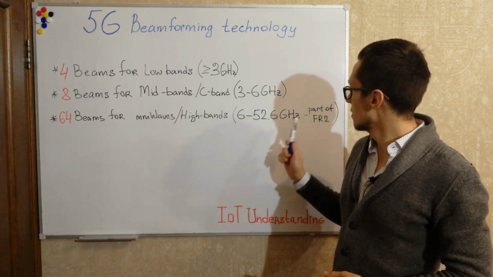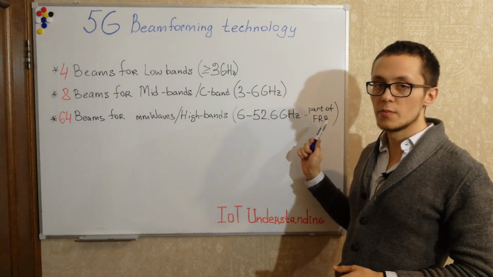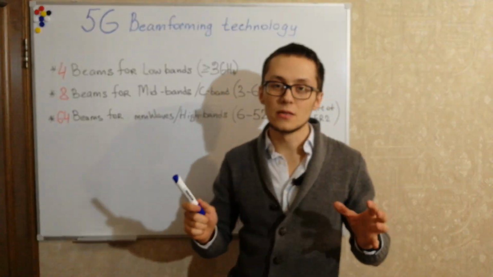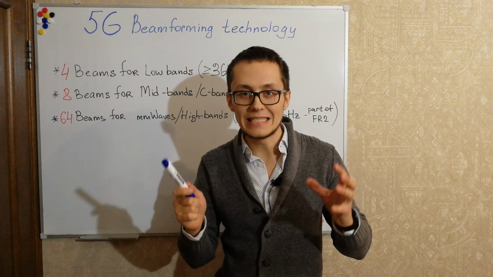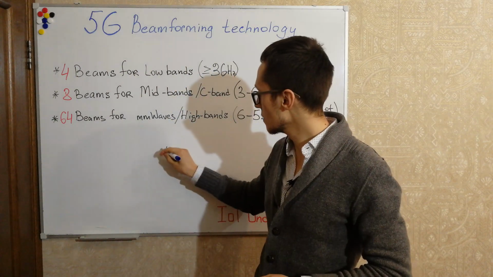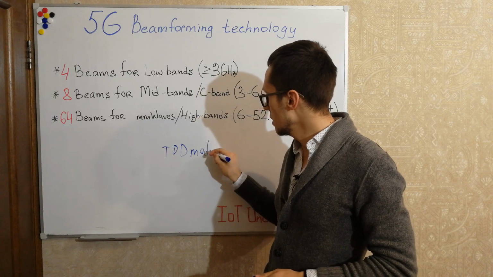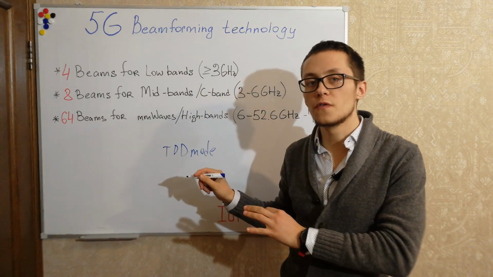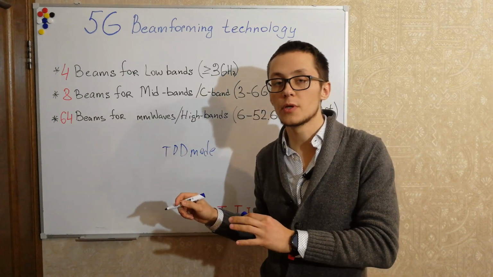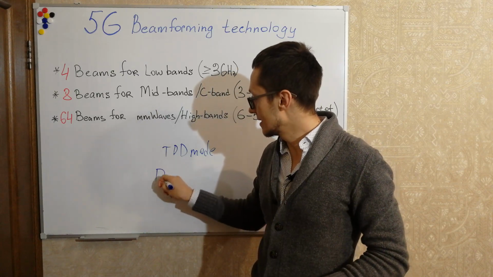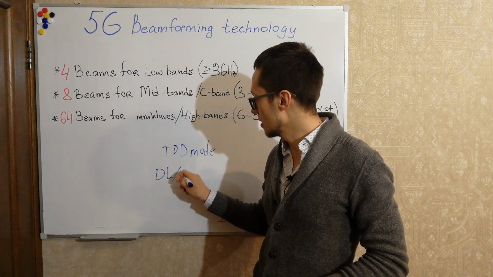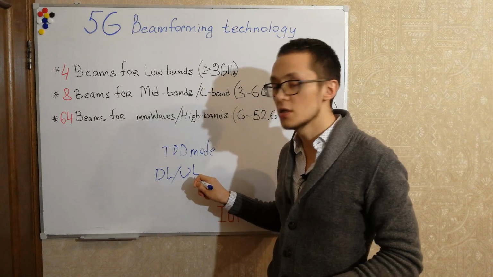And actually, FR2 bands, in particular 5G TDD mode, time division duplex mode, are more preferable for using beamforming, because in the downlink direction and in the uplink direction the same frequency is used.